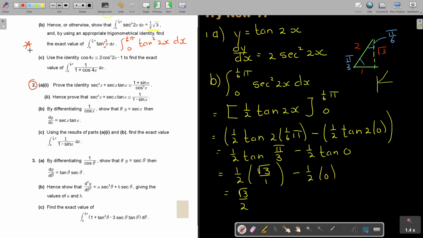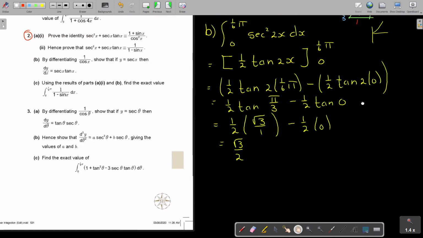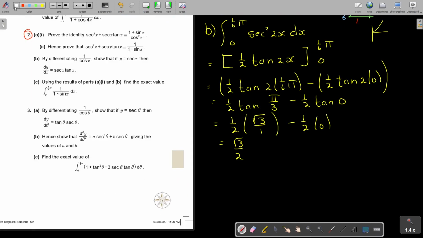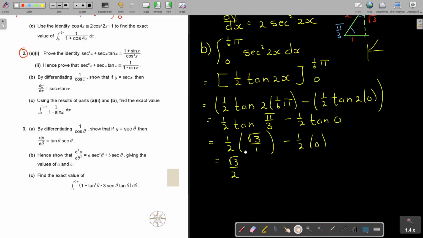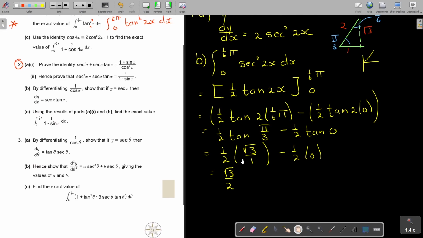Okay, so if they say hence find it, they want me to use all this knowledge. Let's just start. I'm going to say, oh no, I'm so high that I cannot see anymore. I just start and then I'll move it up.